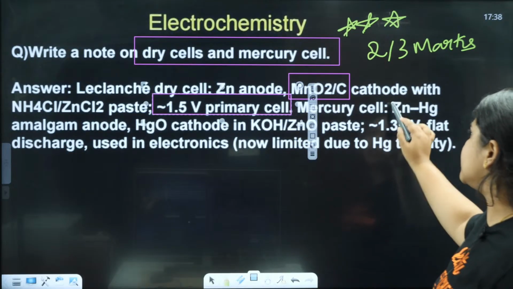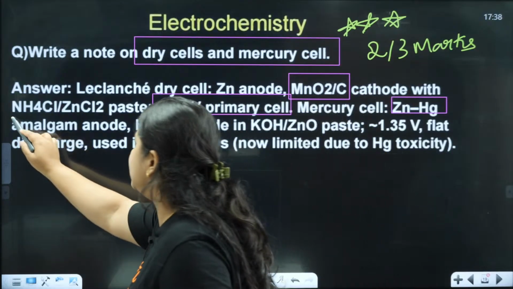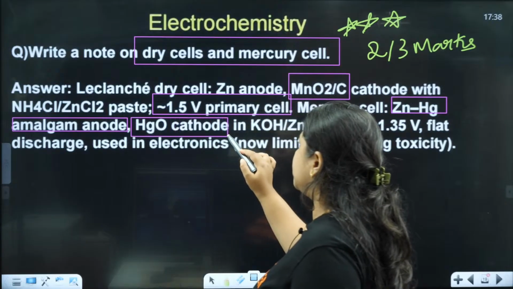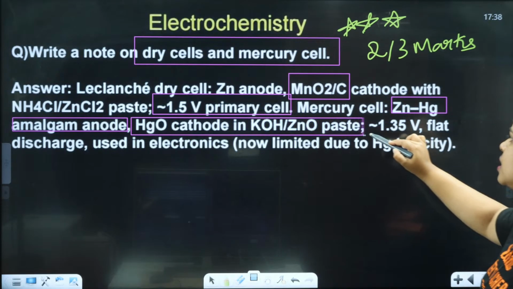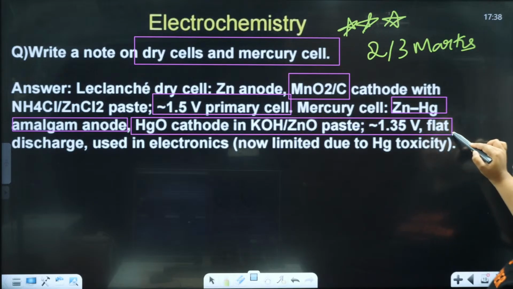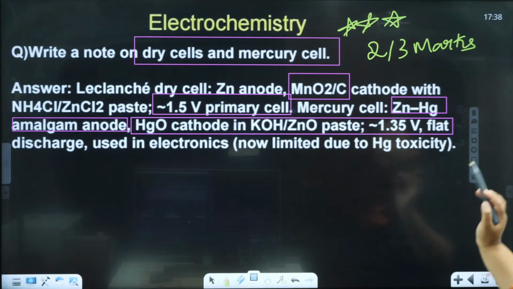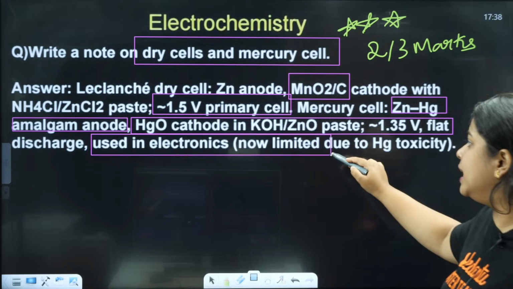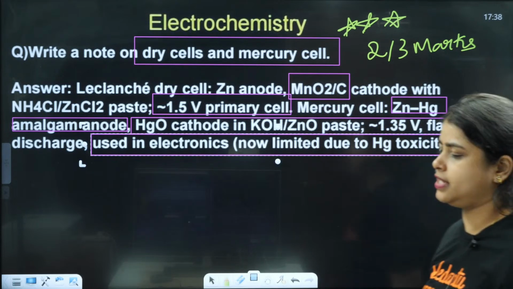Then the mercury cell is what? Zn-Hg amalgam anode and HgO as the cathode, in KOH and ZnO paste. This gives 1.35 volt with flat discharge, used in electronic devices, and is now limited due to mercury toxicity.